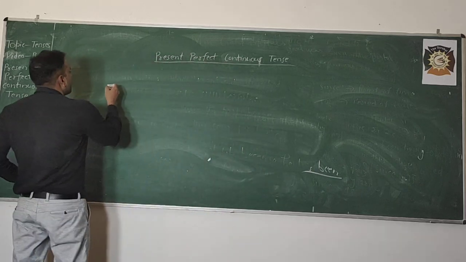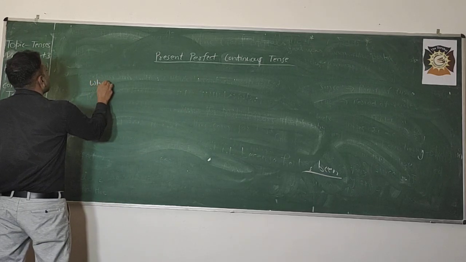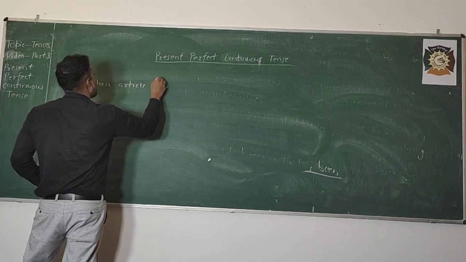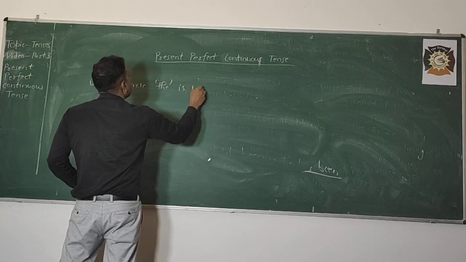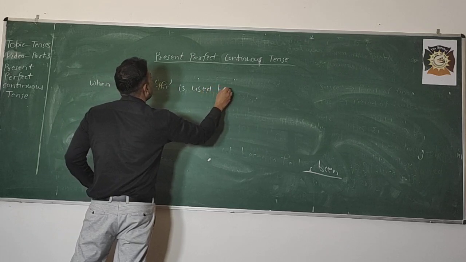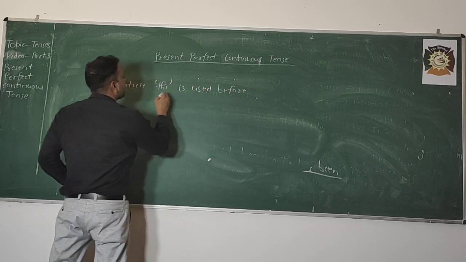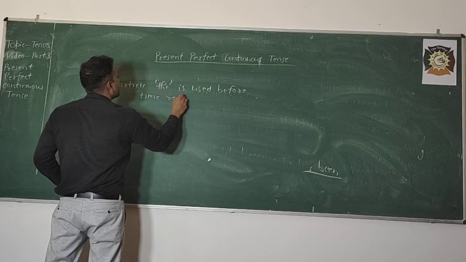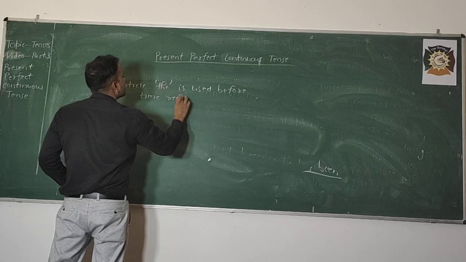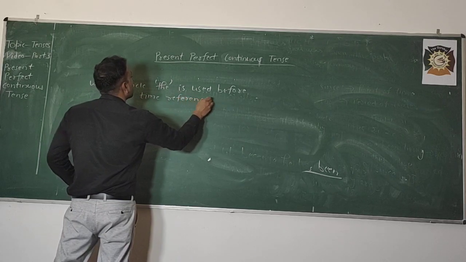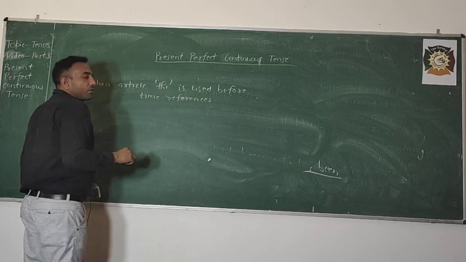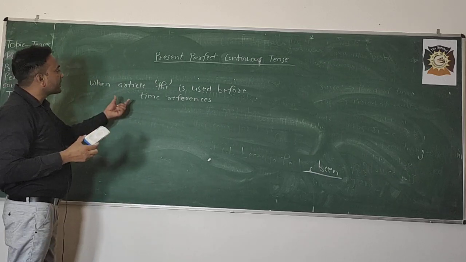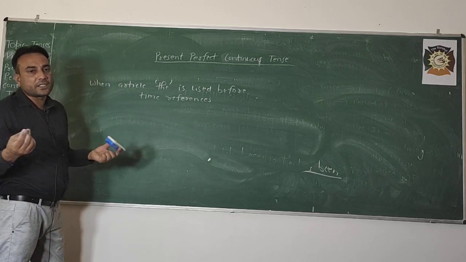When the article the is used before time references, you have to keep it in mind. Before time references, when the article the is used for time references, what's the change?